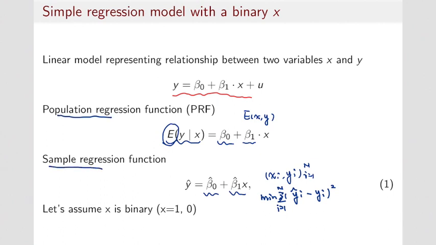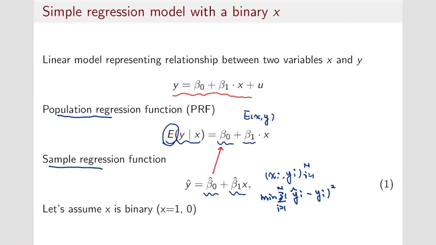Notice the difference between the population regression function and the sample regression function. The population regression function describes the true relationship between x and y, which we do not know. The sample regression function is the relationship we get from the data at hand. Ideally, we want the sample regression function to be as close as possible to the true population regression function.